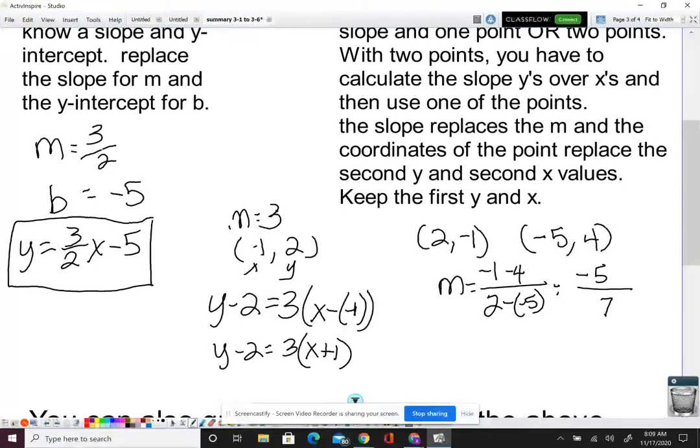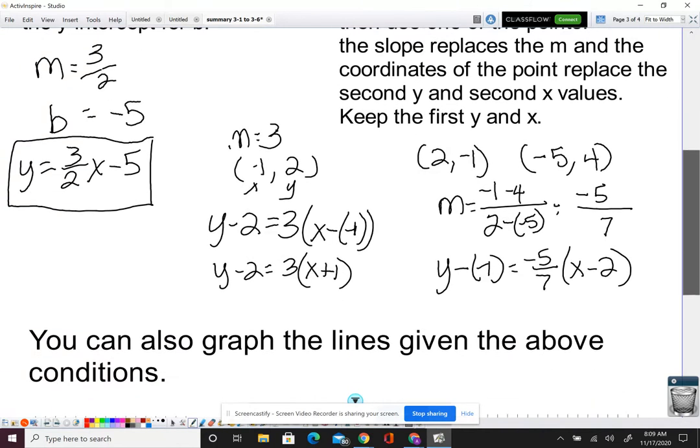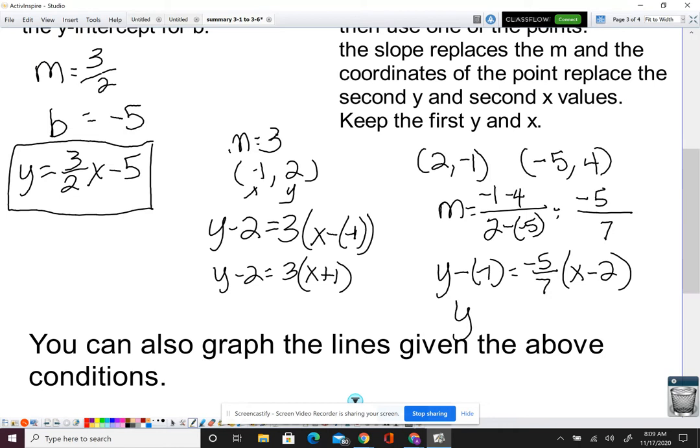So now we get to pick either one of those points. It doesn't matter which one. I'm going to pick the first one. Y minus a minus 1 equals -5/7 times x minus 2. And we get y plus 1 equals -5/7 times x minus 2.